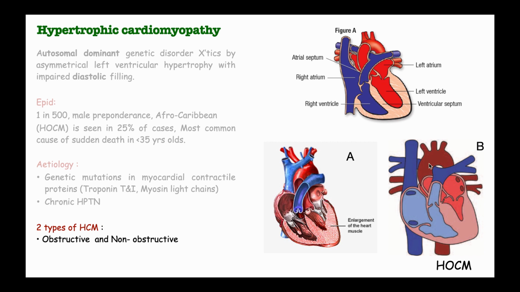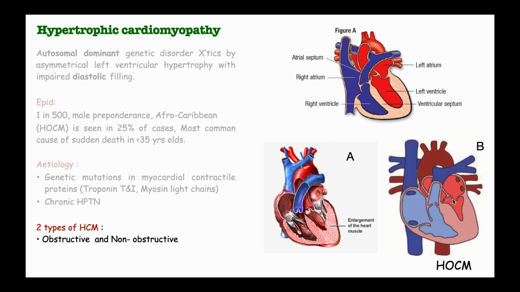Another important reason is that the anterior mitral valve leaflet, what happens to it is that during contraction, it is pulled towards the hypertrophied septum, which may lead to obstruction.